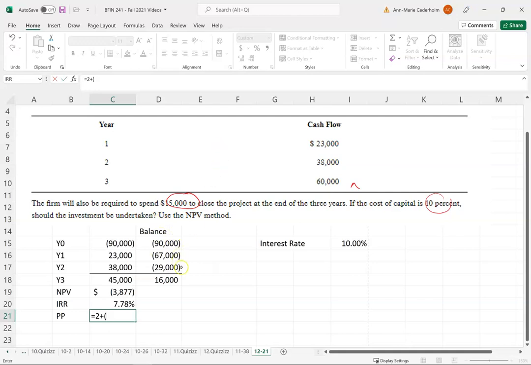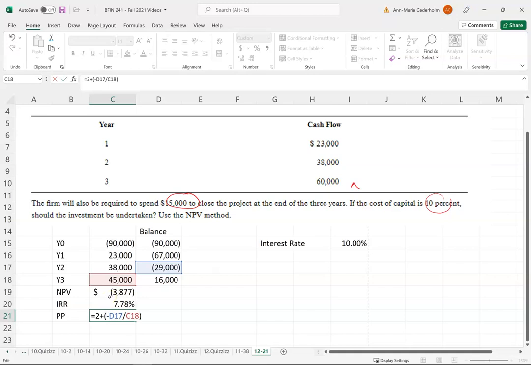Now, all I need to do is take the balance, which is the $29,000, and then just divide that by the next cash flow of $45,000. And I actually just want this to be a positive 29 instead of a negative 29. So I'll just go into the formula and just put a negative there. So that just flips it to 29.